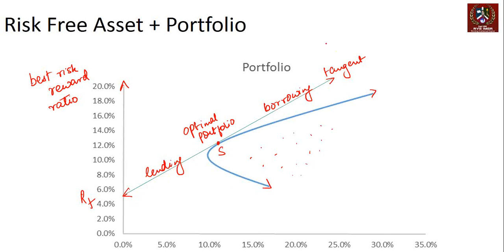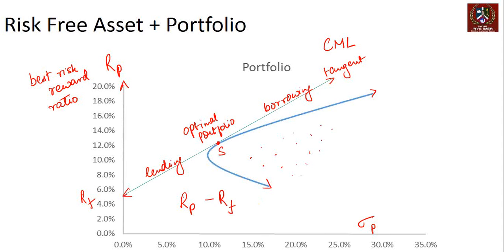This tangential line is what is called the capital market line, or CML. This is a relationship between the portfolio return and portfolio standard deviation, right? That is what we mean by the optimal portfolio. Now note the characteristic of the optimal portfolio, which is the portfolio return minus the risk-free rate, right?